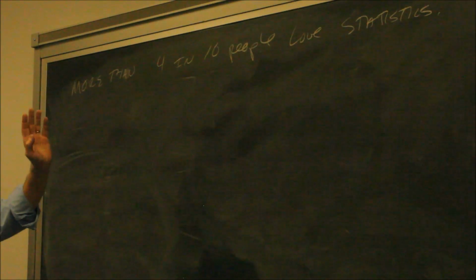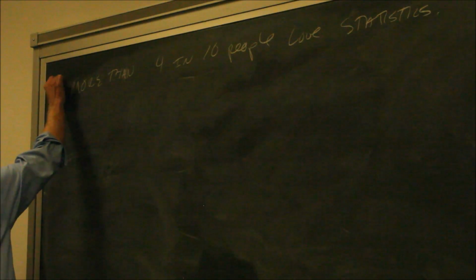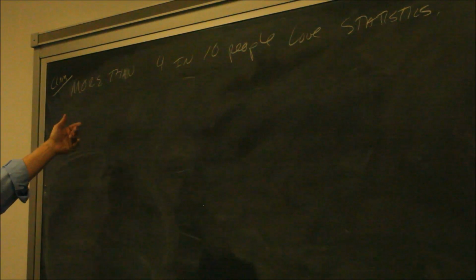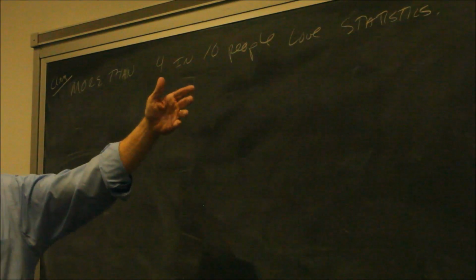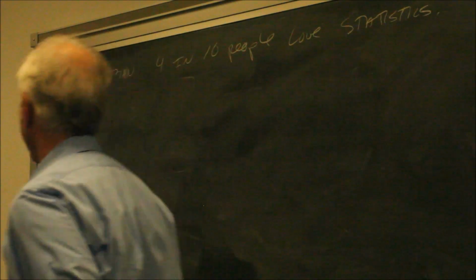Okay, so this is what we're going to test. All right, so here's the claim. So we're going to test whether this is true or not. So what's H0 and what's H1?